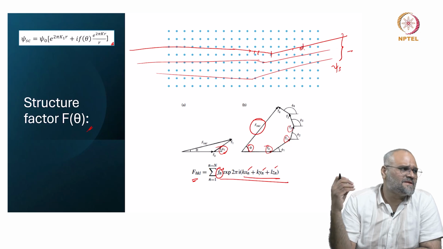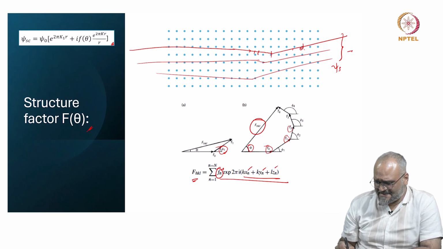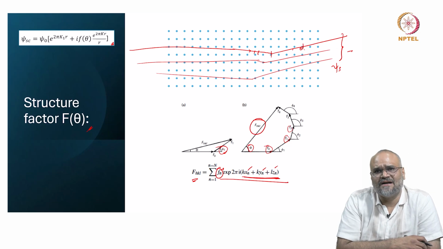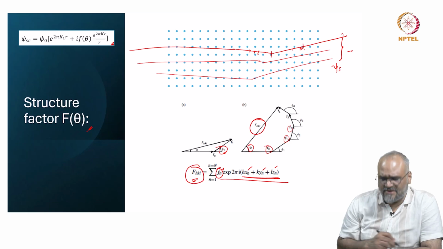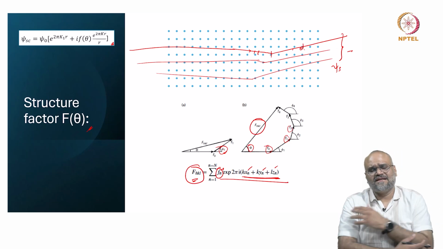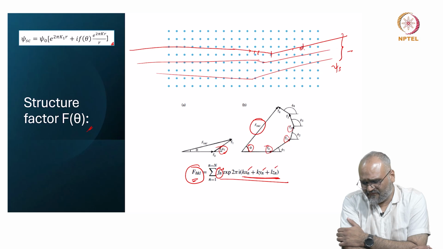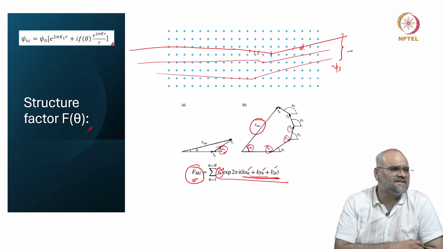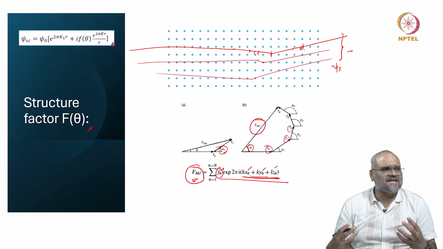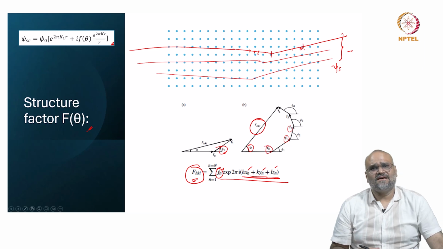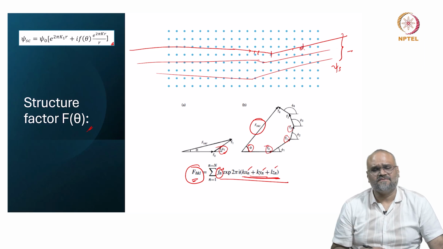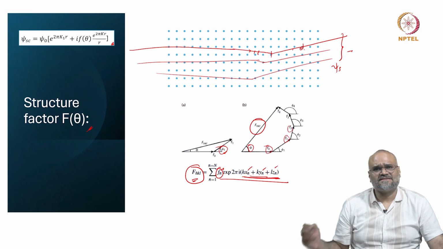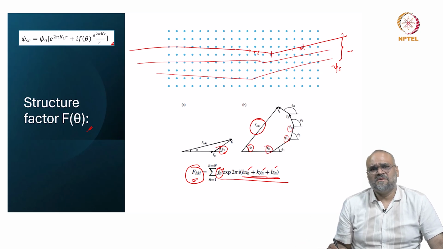So, what this expression tells you is, as a consequence of periodic arrangement of atoms, the resultant amplitude of the scattered electron beam is a function of the arrangement of atoms within a crystalline lattice, and this is actually called the structure factor.